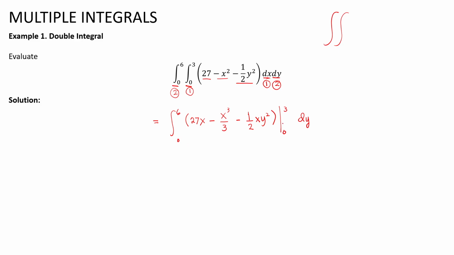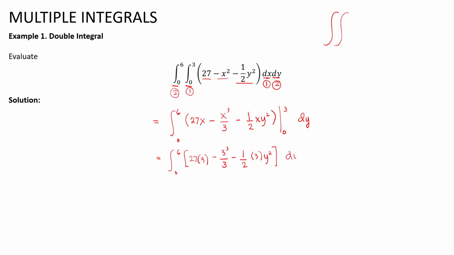So applying the limits from 0 to 3, this gives you, from 0 to 6, 27 times 3, then minus 3 cubed over 3 minus 1/2 times 3 y squared. And then the right hand side is 0, so 27 times 0, then 0 over 3, then 1/2 times 0, so everything is 0 on the right hand side.